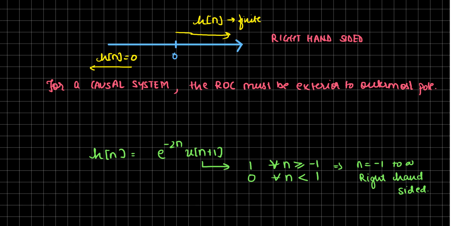But if we carefully look at this equation and try finding the value of h of minus 1, we get h of minus 1 equal to e to the power minus 2 into minus 1 into u of 0, which is not equal to 0, and hence this system is not causal.